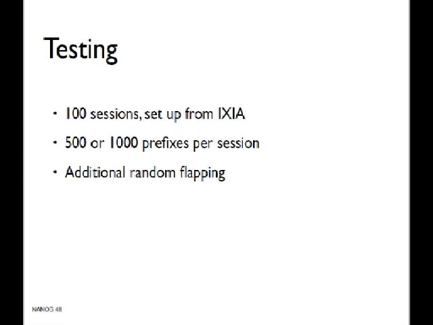We also did additional testing, going up to 10,000 and 20,000 prefixes per session, to see where the scaling point is, where the memory limitations and memory bugs are, if you went crazy in the number of routes that you were willing to give to your route server. And we'll get into that.